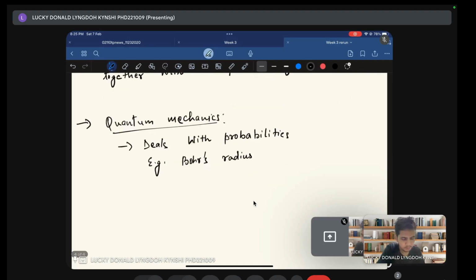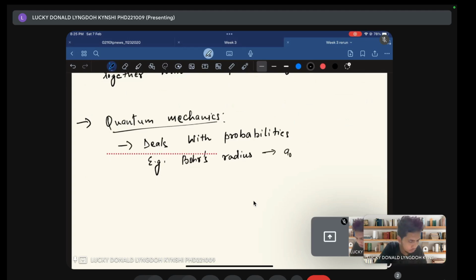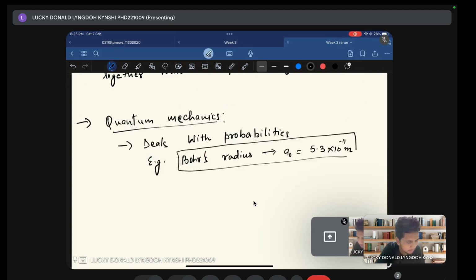Classical physics says the Bohr radius a naught is equal to 5.3 into 10 to the power minus 11 meter. This is exactly what classical physics says. But quantum mechanics says no, this is not entirely correct. This is the most probable radius.